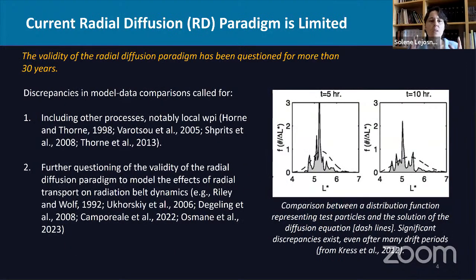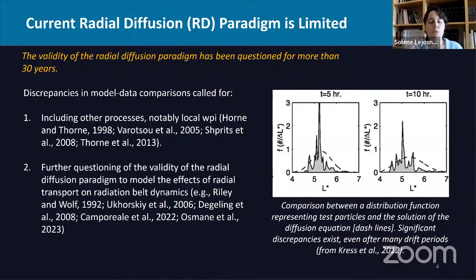And these discrepancies led to two different types of efforts. On one end, they both indicate that there is something missing in this model. And so one of the ideas was that some processes are missing, and we are missing the local wave particle interaction, the role played by chorus.